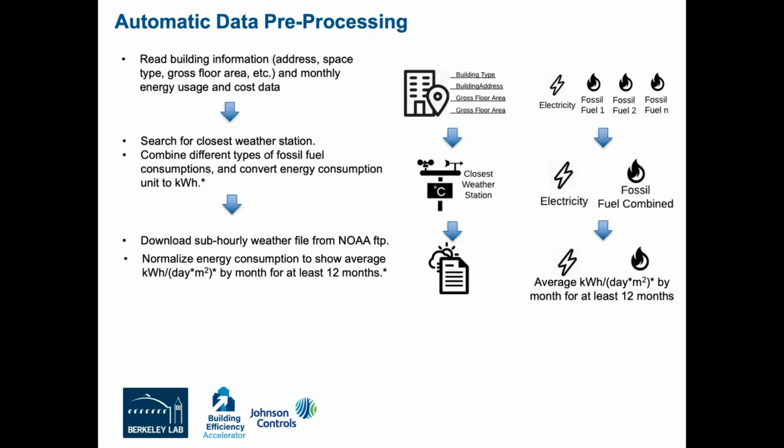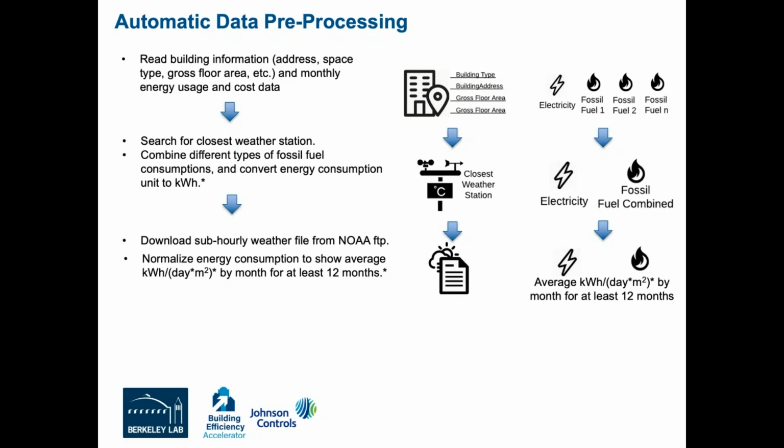It's going to search for the closest weather station, and it's going to take all the different fossil fuels that you might be using in a building and convert all of that fossil into one particular unit. So on the back end of Better, we use kilowatt hours.